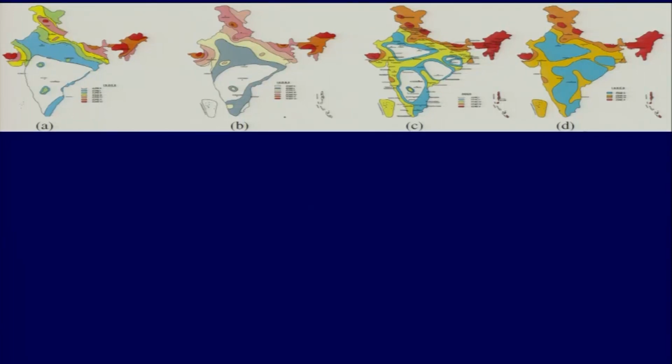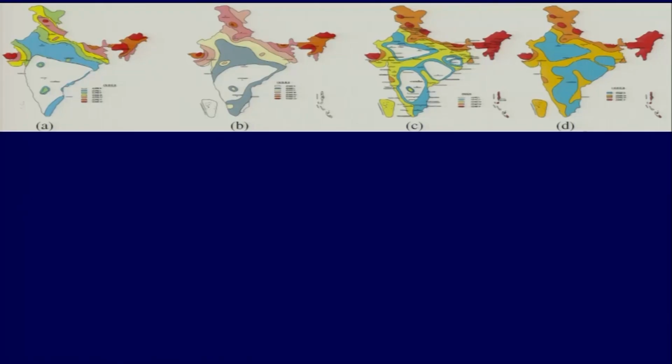Earlier there were more than 5 zones, then they reduced to 5, and lastly what we see now is only 4 zones, because the effect of the seismic shaking was observed to be different as compared to what was observed in the past.